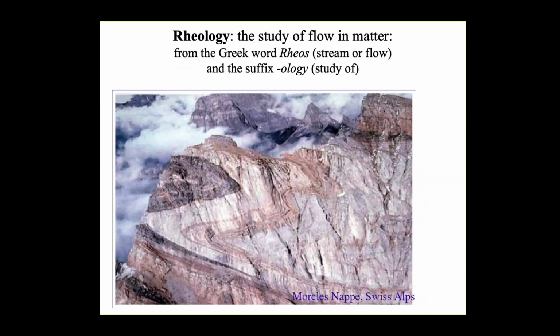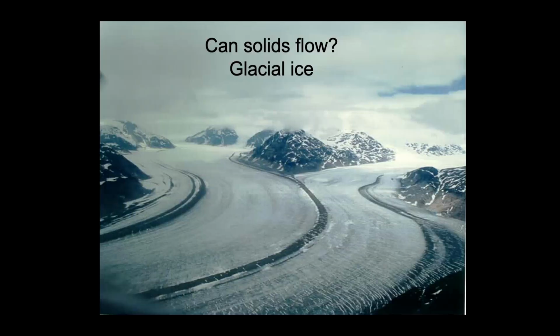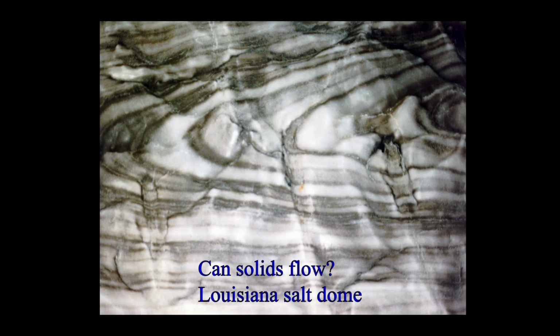And so people go, wait, solids can't flow. Well, can solids flow? Is ice a solid? Can it flow? Yes, I don't think anybody would doubt that. What about salt? Can salt flow? Salt's a solid. Yes, here is a structure in a Louisiana salt dome. That's clear. Those layers were originally horizontal, and now they are definitely not horizontal.